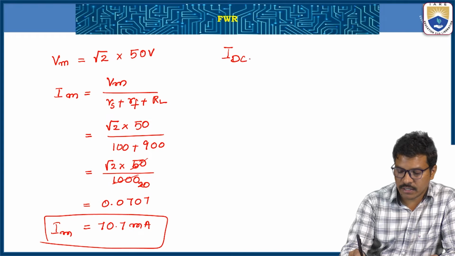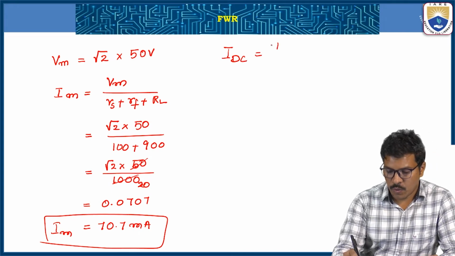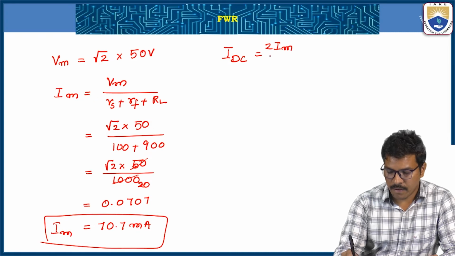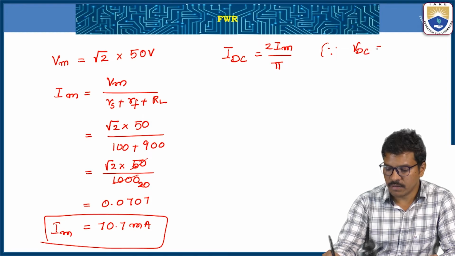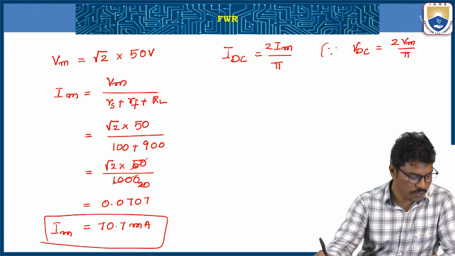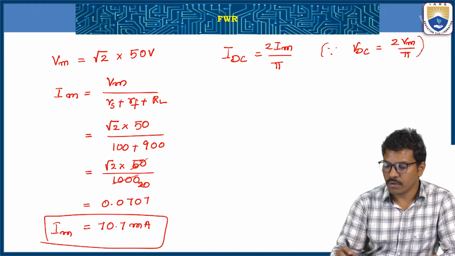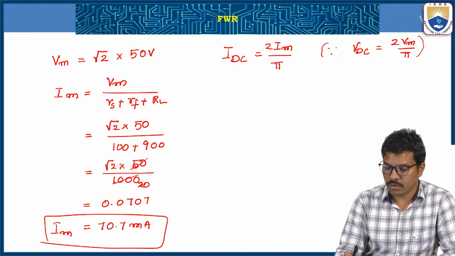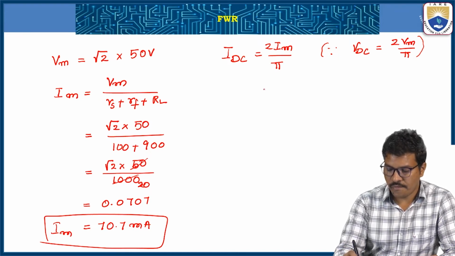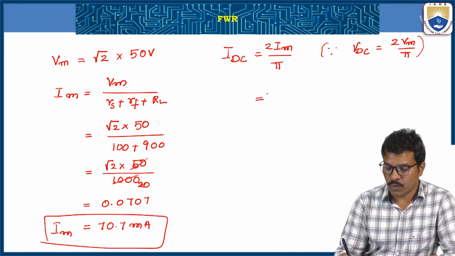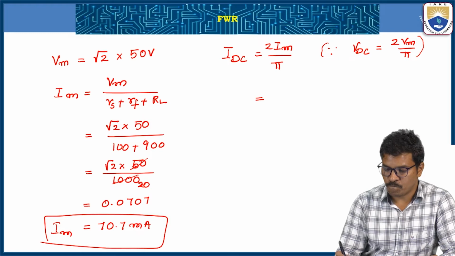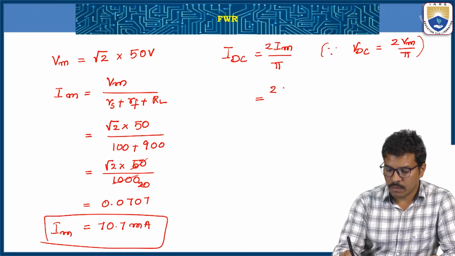IDC is equal to 2 Im by pi, since we know the formula that VDC is equal to 2 Vm by pi. 2 into Im, which we already got as 70.7 milliampere, divided by pi.